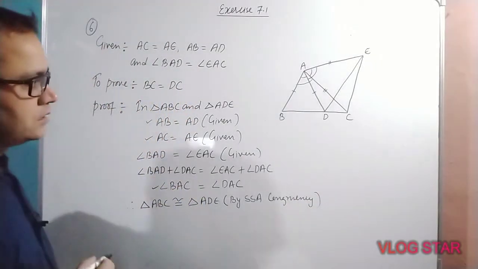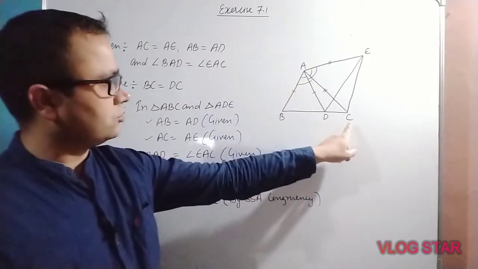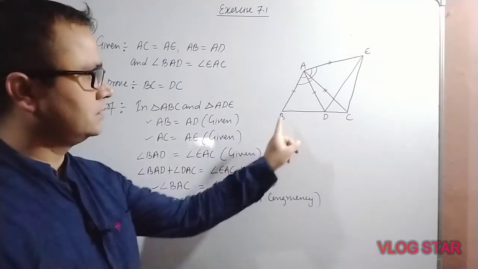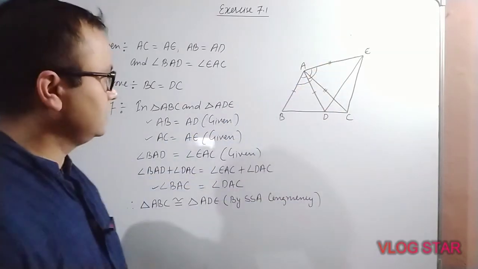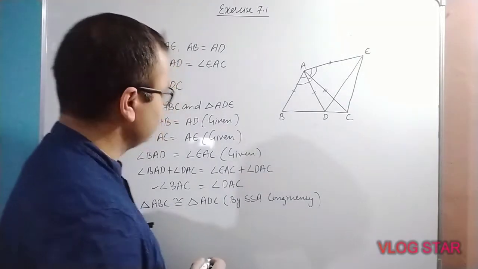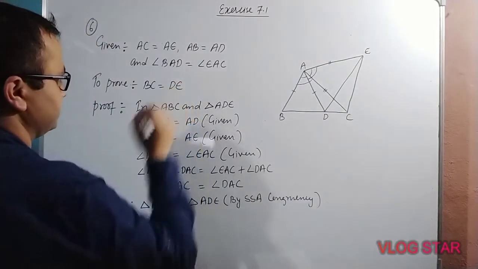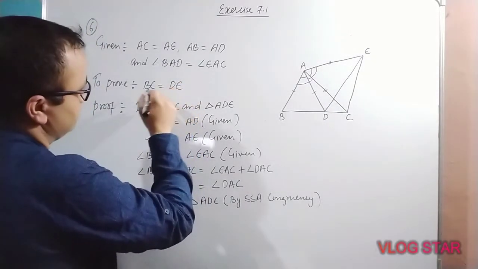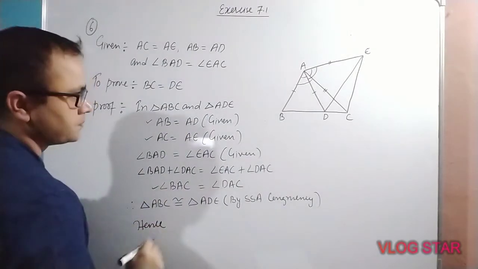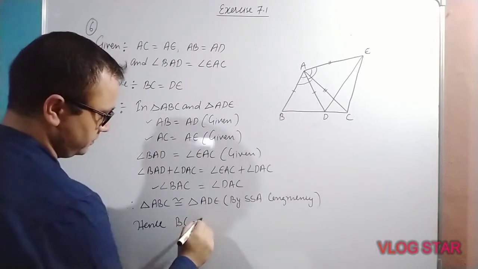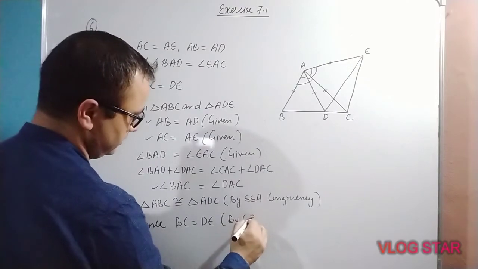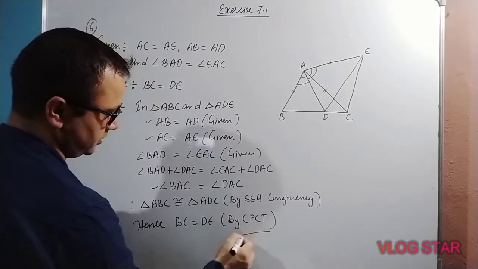If the triangles are congruent, then we can write BC equals DE. Hence BC equals DE, by which criteria? By CPCT. Now this is proved.